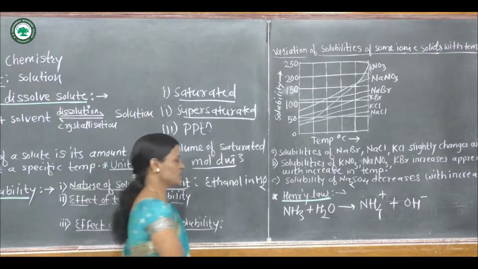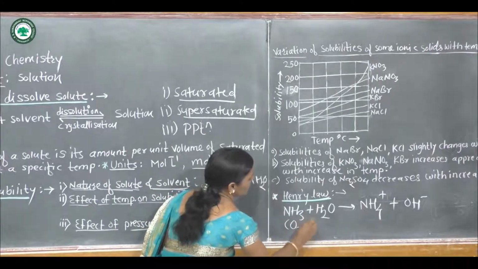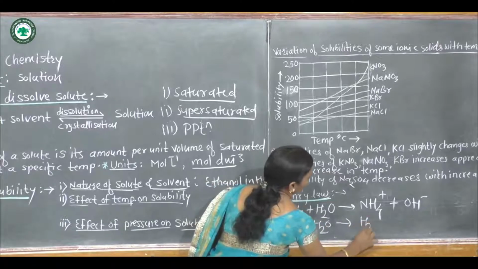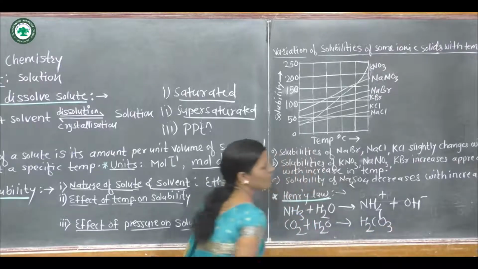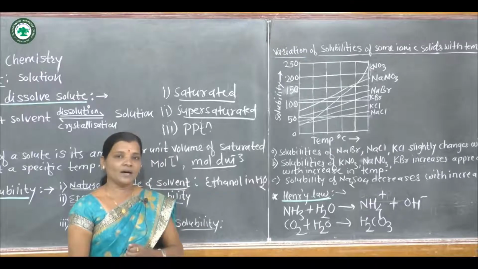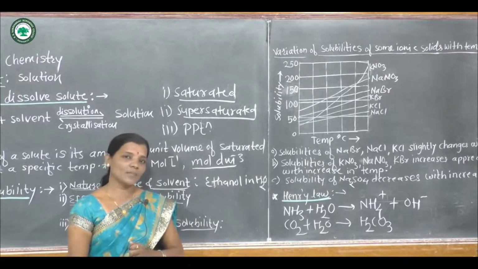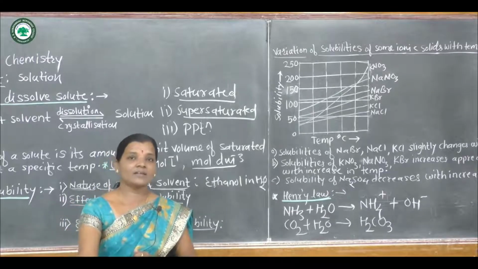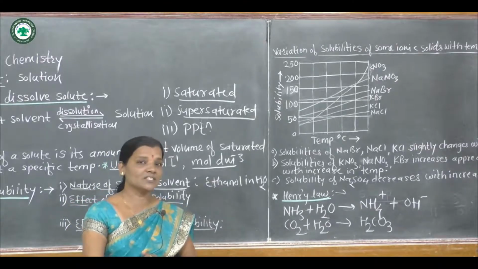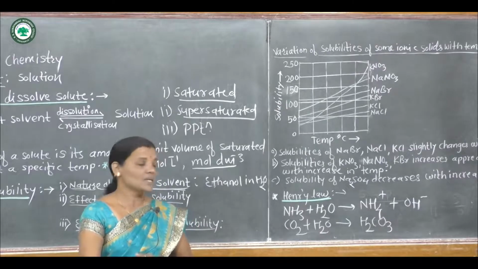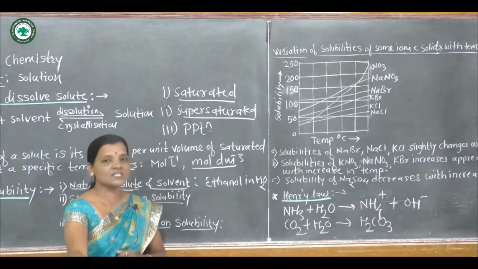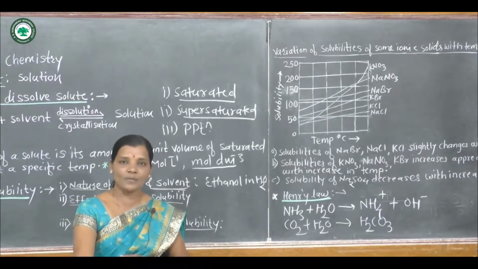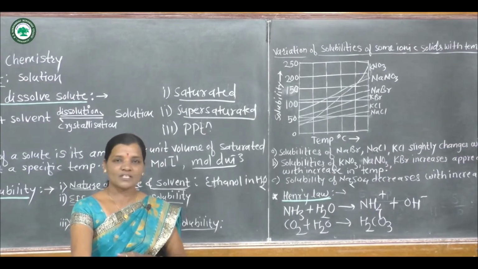And when CO2, carbon dioxide, is dissolved in water, we get formation of H2CO3. Both these solutions, ammonia in water and carbon dioxide in water, do not obey Henry's law, because with increase of pressure the solubilities of both ammonia and carbon dioxide decrease, and hence they do not obey Henry's law. And so here we will stop.